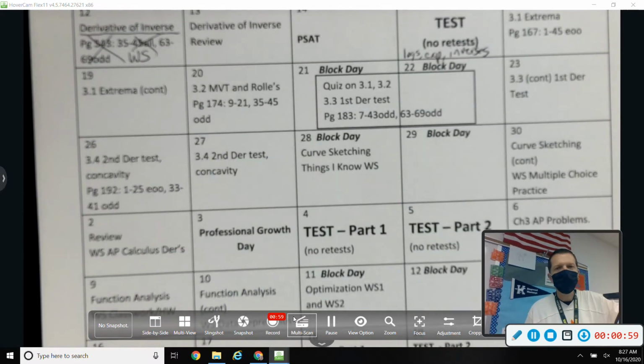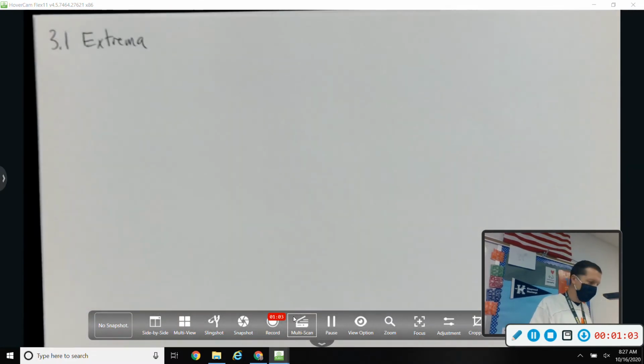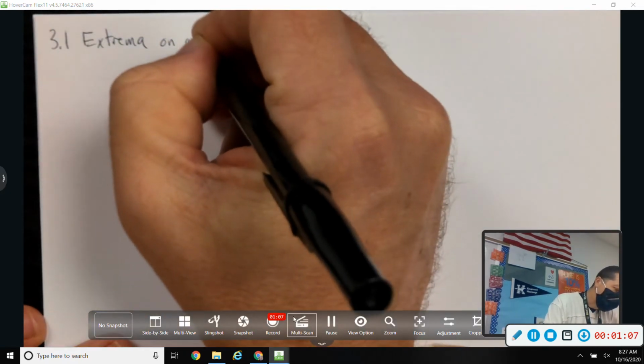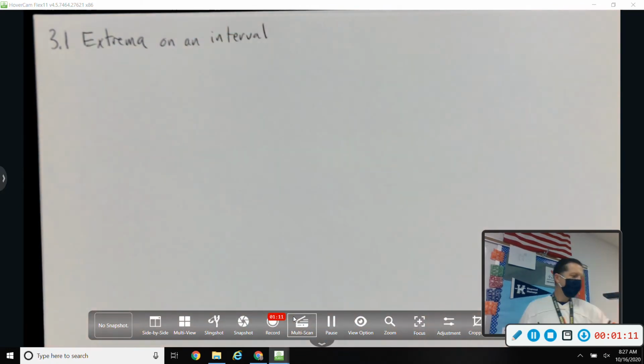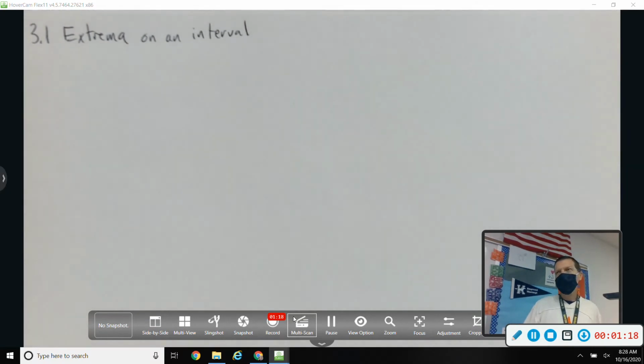Extrema on an interval. So the maximums and the minimums on a given range of graph or data or whatever.